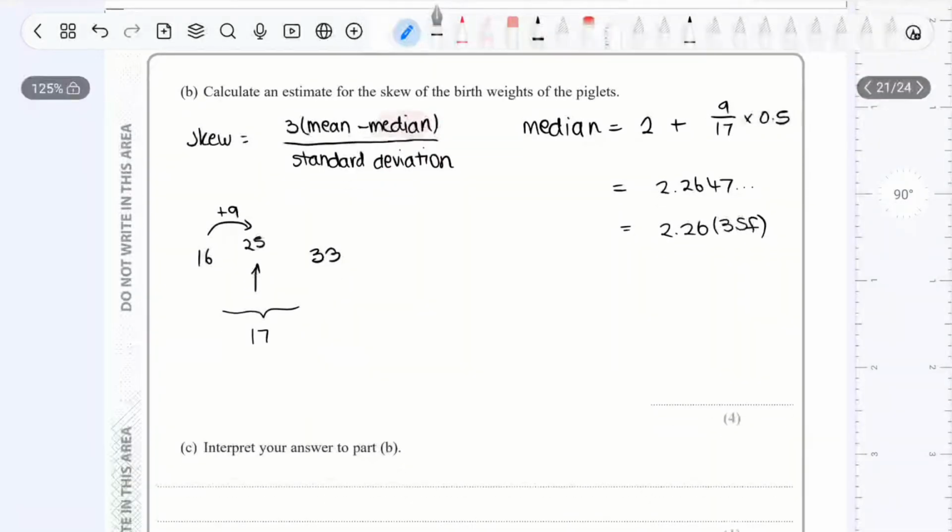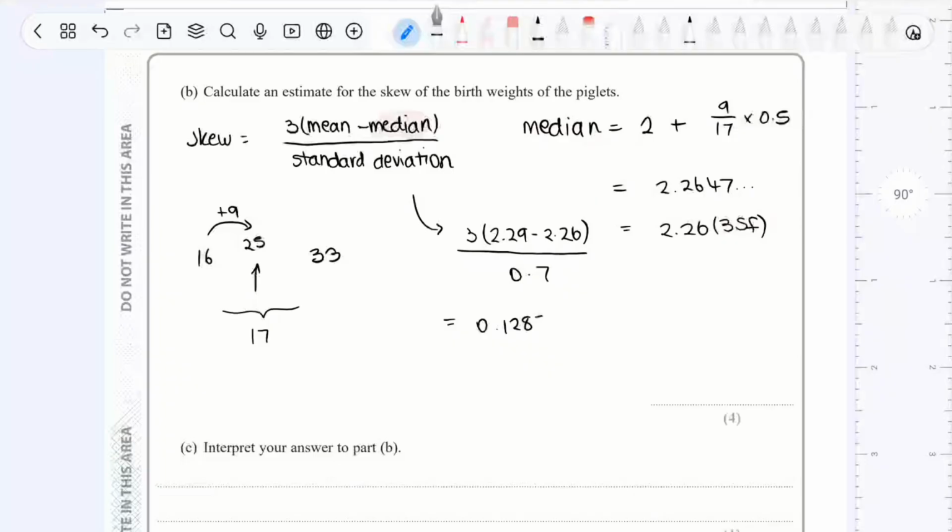Now we just need to plug the values in. So the skew is equal to 3 lots of the mean, 2.29, minus the median, over the standard deviation, which is equal to, if you type this into the calculator, 0.1285 and so on, which we round to 0.13.